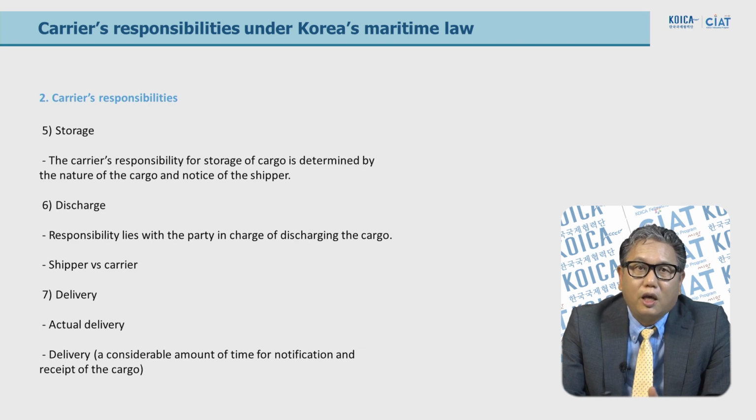So we need to distinguish who has charge of this kind of operation. If the loading, storage, and discharging operation is done by the shipper, and some damage or loss to the cargo happens at that time, the carrier has no responsibility for any damages that occurred.